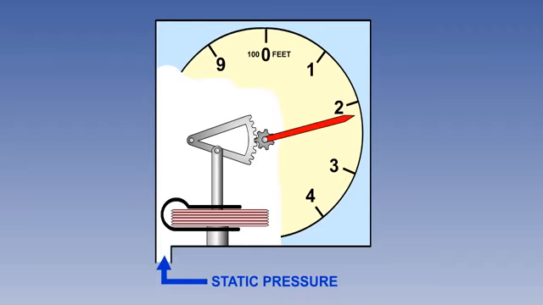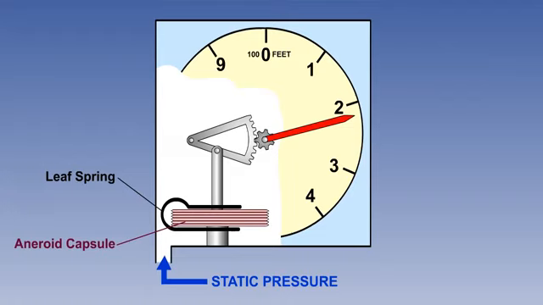In its simplest form, static pressure is fed into a sealed instrument case from the static source. Inside the instrument case is a partially evacuated capsule, or aneroid capsule. Expansion and contraction of the capsule is kept under control by a leaf spring, and the controlled movement is transmitted via a system of linkages to the pointer on the instrument dial.